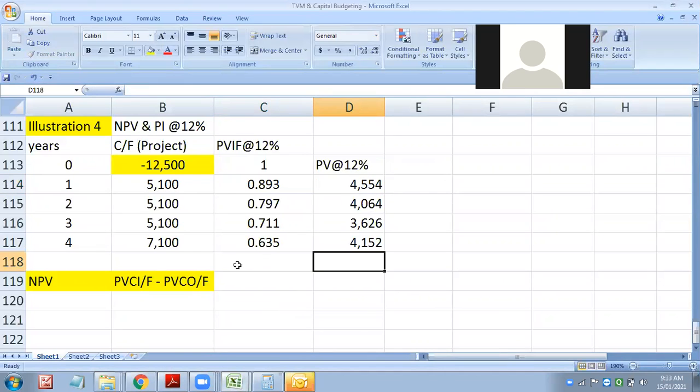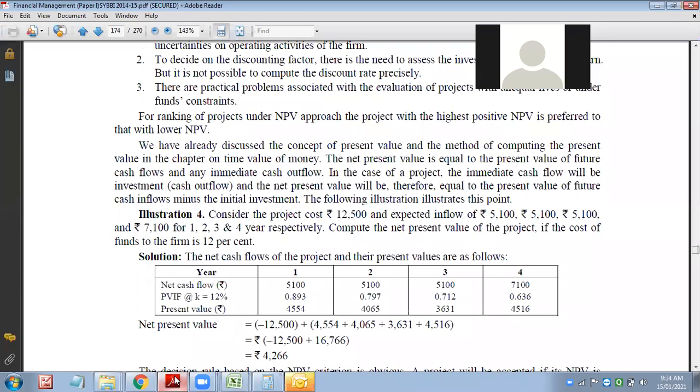Okay fine, so what is the total now? Sir, 7,100 into 0.635 is coming 4508. The last, fourth one, yes, it is 4508. 4516 it is coming.